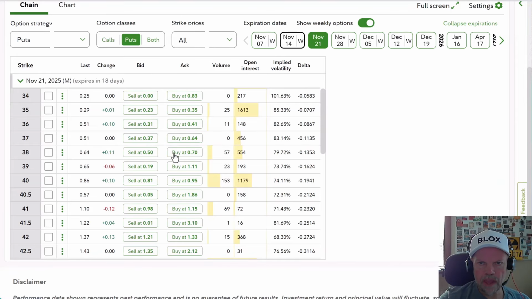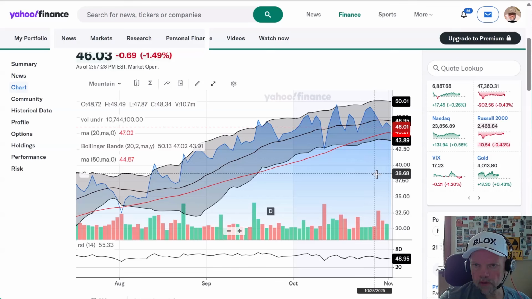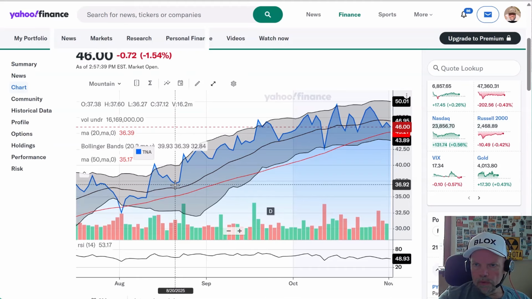There's enough action here that I'd be interested at 100 at 38. So 38 is actually way down here. It hasn't even come close to 38 since way back here in August, when it was 37, 38.